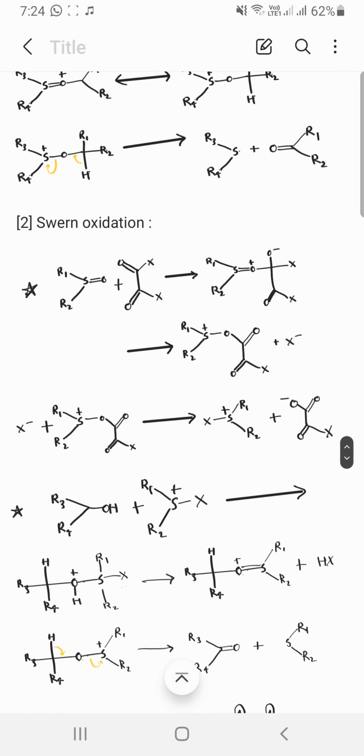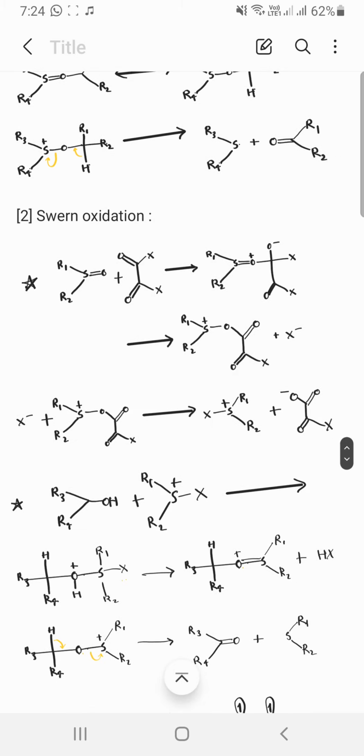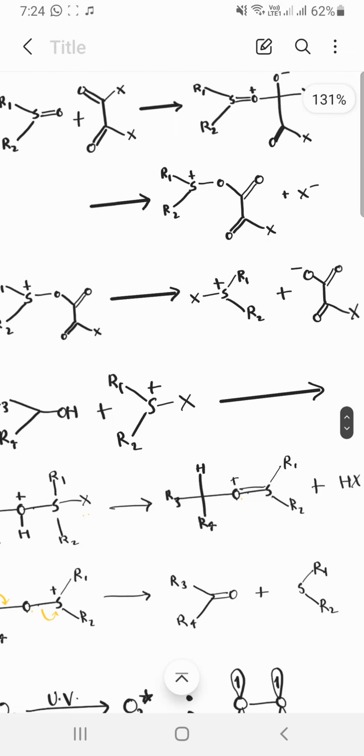So the oxidation. Okay, so you need this thing, R1SOR2 plus acid halide. Okay, and then you create this intermediate species that reacts.